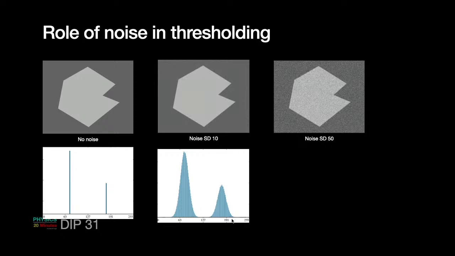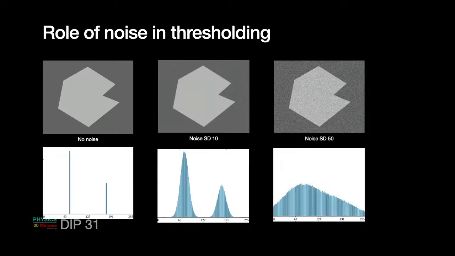What happens if you go to noise of 50? Look at the histogram and you will be surprised that the bases of the two peaks get broadened by so much that the two peaks merge into each other.